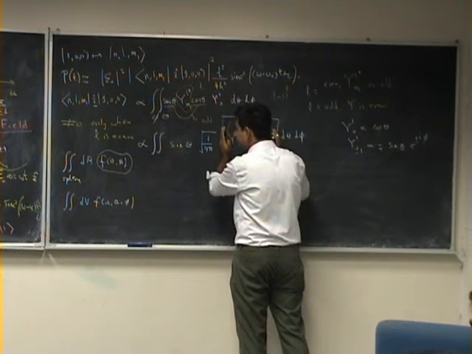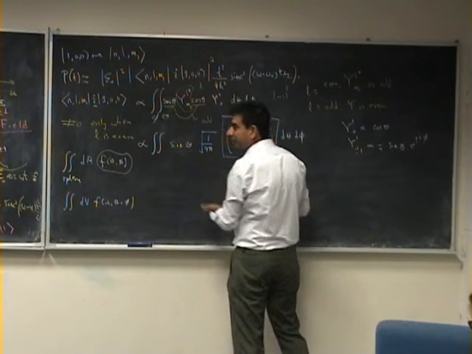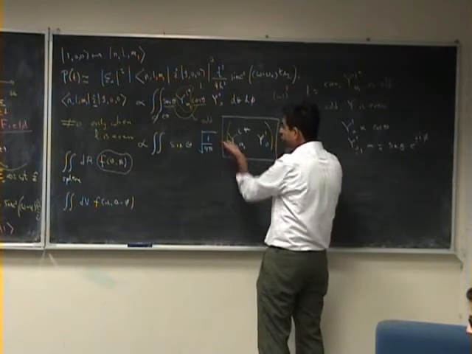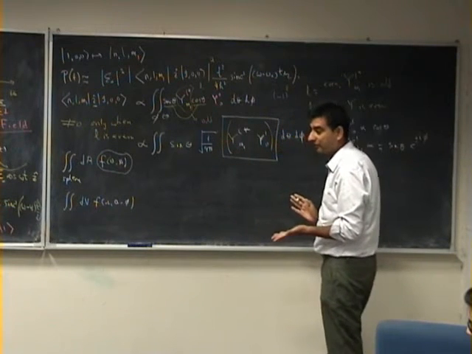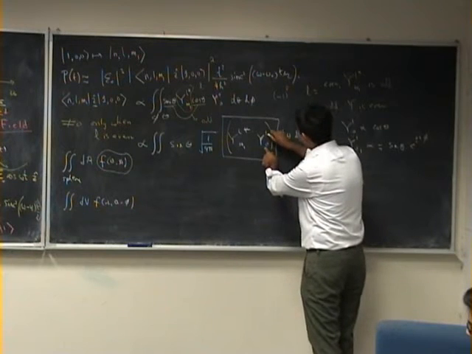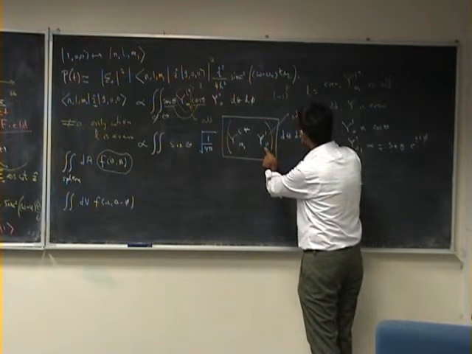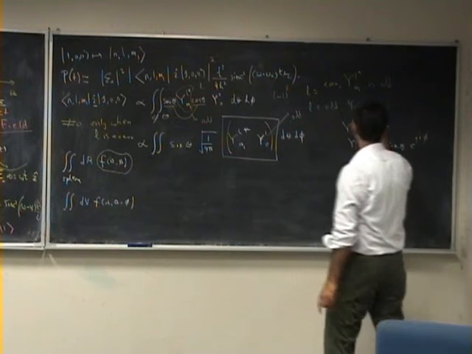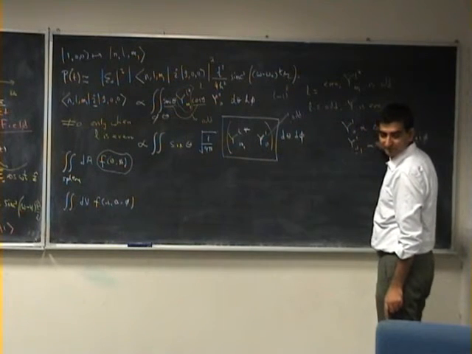If this function is even, then the integral will be non-zero. If it is odd over the entire space over which we are integrating, then the integral will be zero. So let's look at the parity of this function. This is odd, isn't it? Cosine theta, this is an odd function of theta.